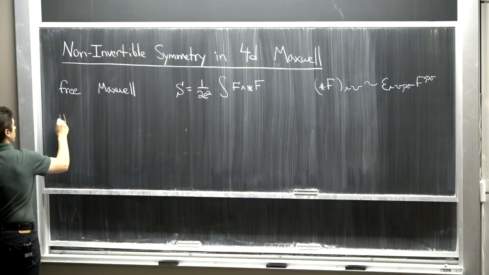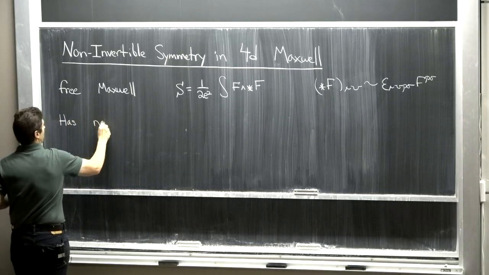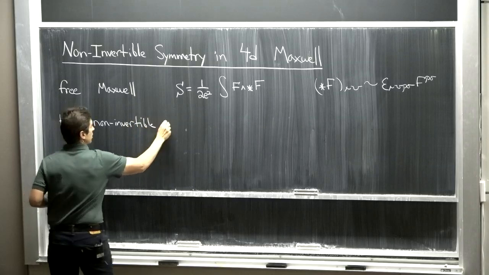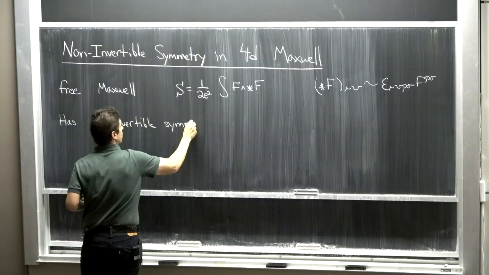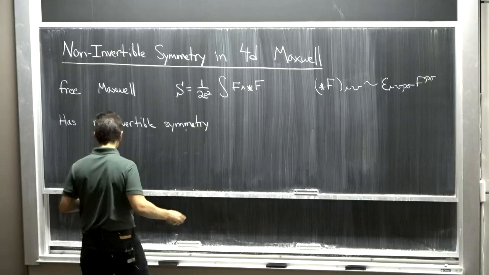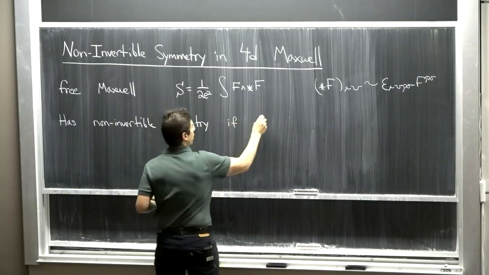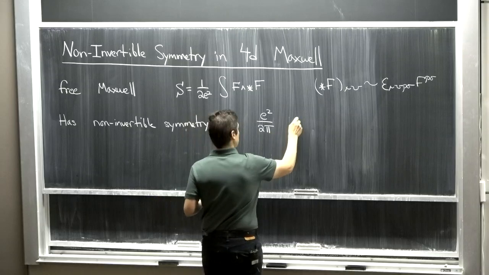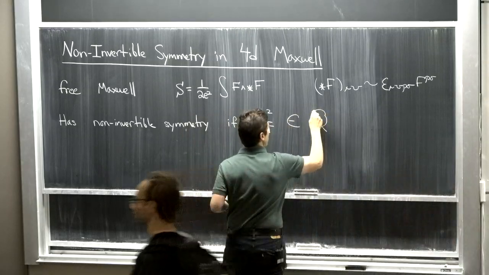And what we're going to show is that this has non-invertible symmetry if e squared over 2 pi is any rational number.